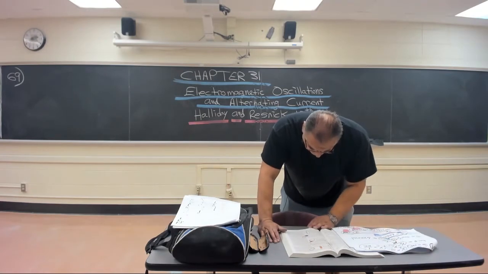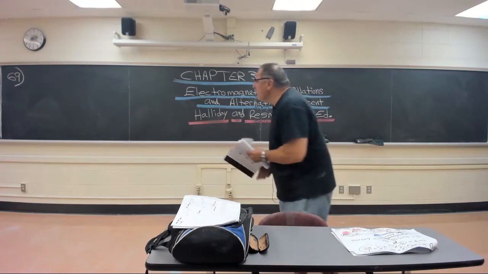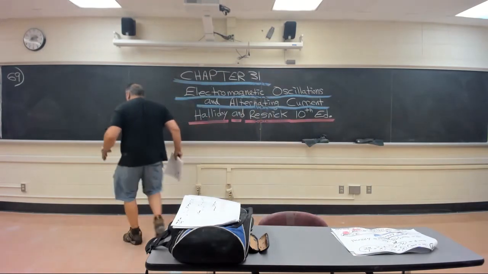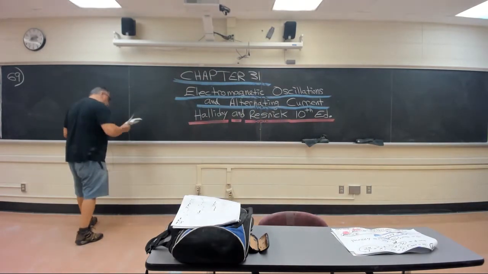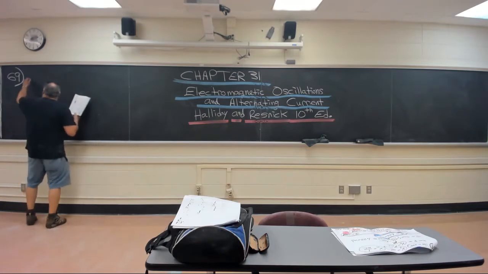So let's see what we can say here, guys. There's a number of things they write here. Let's just get a few of the things that they gave us under control. It is a series RLC circuit.